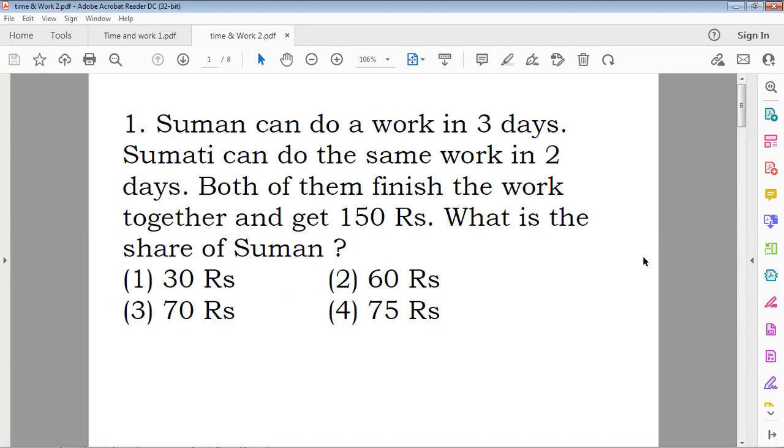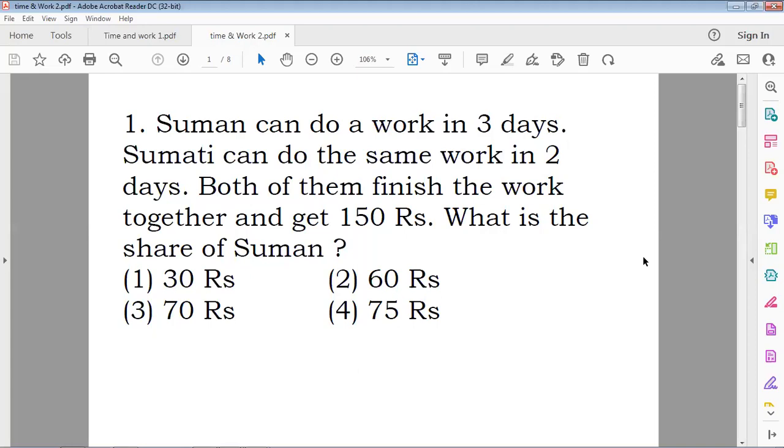First take the LCM, and after taking the LCM, on the left hand side find the values as we have been doing so far. If money has to be divided, we will divide it as their unit work, that is efficiency. Means Suman can do a piece of work in 3 days, Sumati can do it in 2 days.